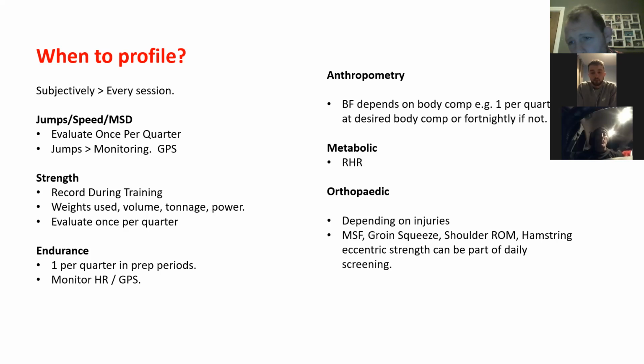And then, of course, weights used, volumes, tonnage, power, if you do have a push band, these are all, I suppose, subjective and objective profiling measures, monitoring measures that you can be using all the time, right? And again, what are you getting your 1, your 3, your 5 RMs for?